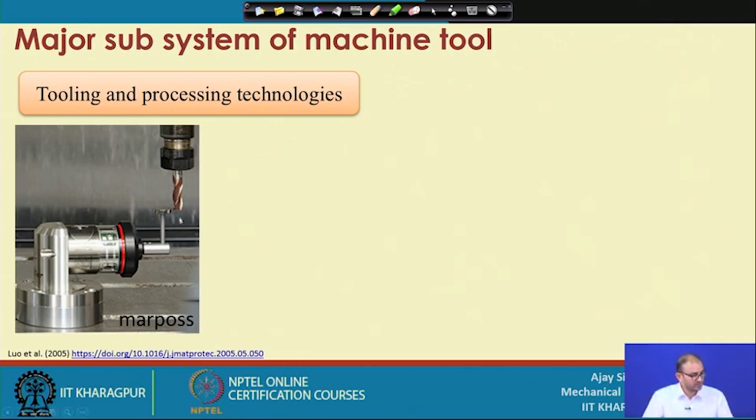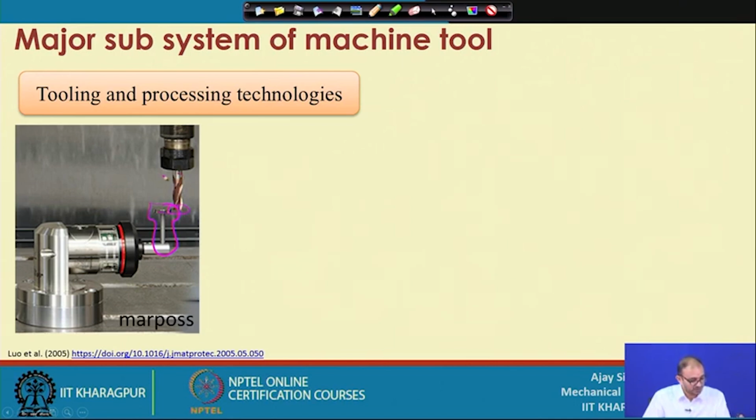So, this particular thing will give you one type of information about the tool edge. This is one type of lever kind of thing. And when it is touching the surface, at that time it will be triggered at one location. So, you can find out if any edge is broken or not.